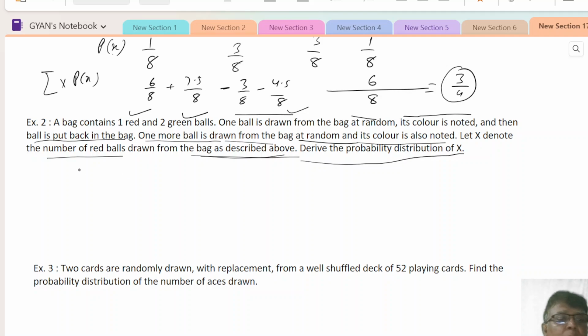So what is the sample space? The sample space is: first red, second also red. Then first red, second green. Then first green, second red. And then green, green.